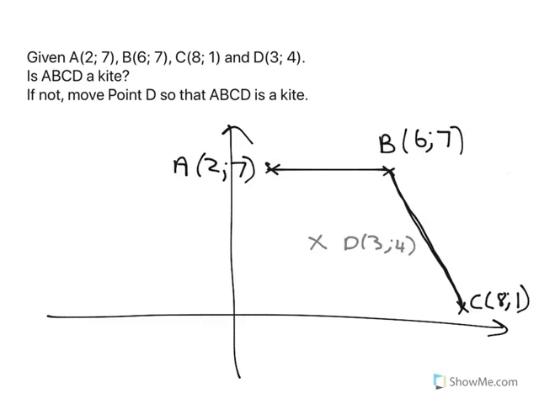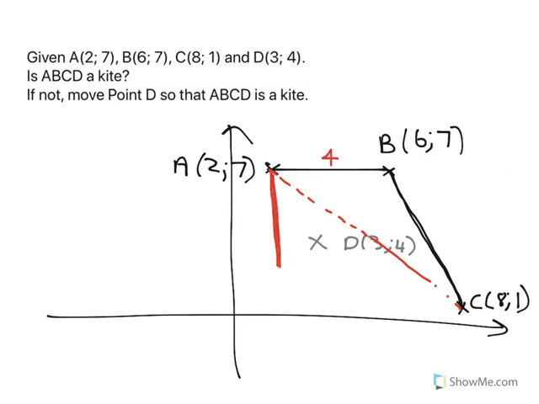So I've just drawn in the half of the kite. And the important thing to remember about a kite is that it has symmetry, right? So you would want to basically replicate the side you already have on the other side of the red line. So you would want to go down however many units.